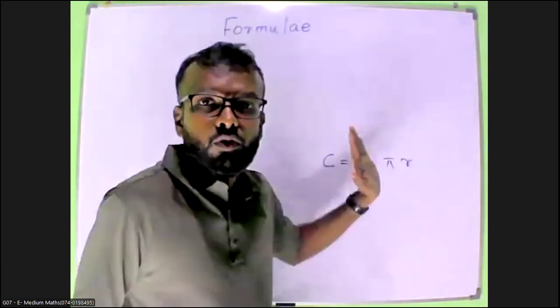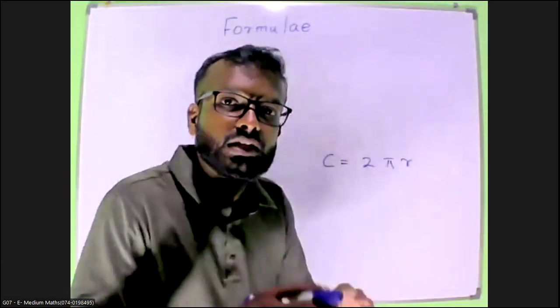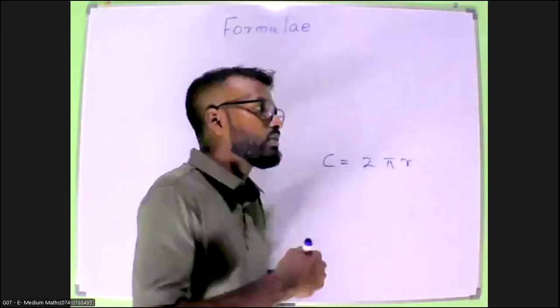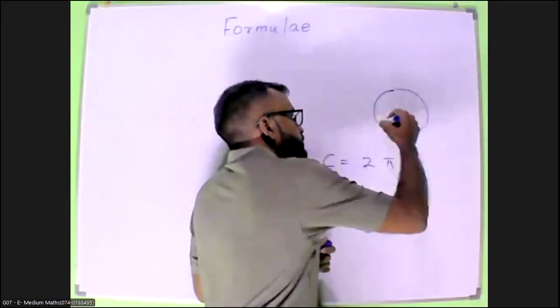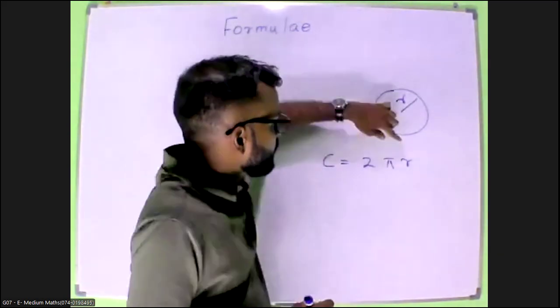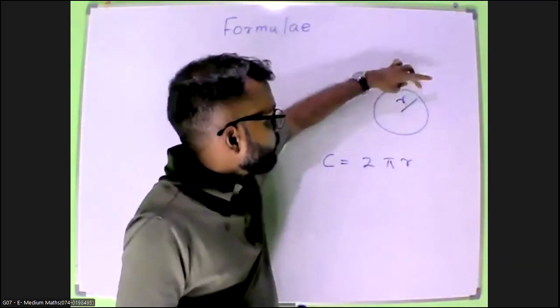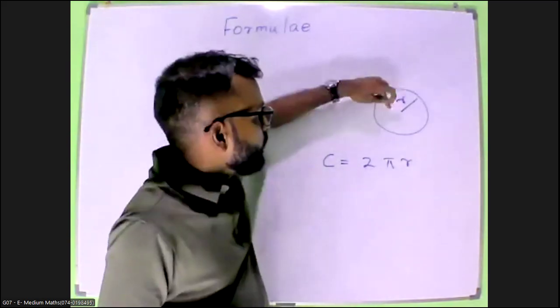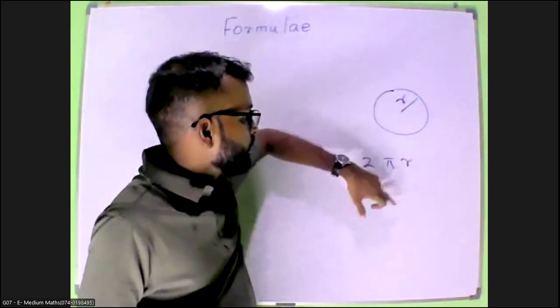C equals 2 pi r can be used to find the circumference of the circle. The radius is r.